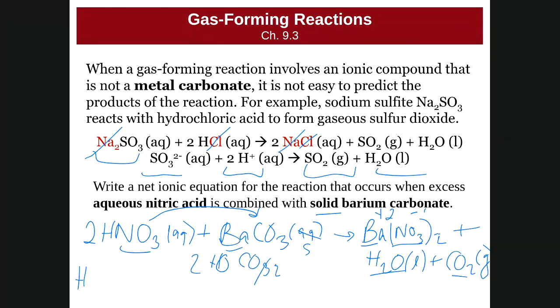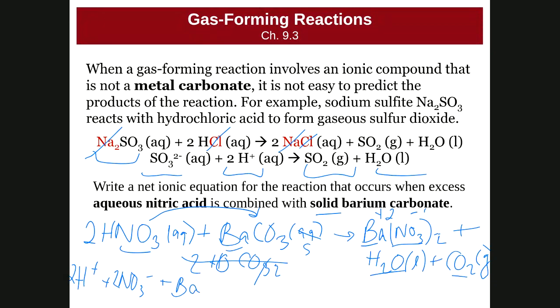Okay, so we only needed a 2 in front of our nitric acid to balance our reaction. So that means we need 2 protons and 2 nitrate ions. And then our barium carbonate is a solid.